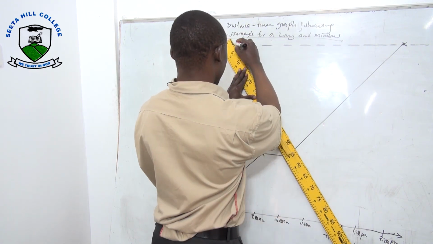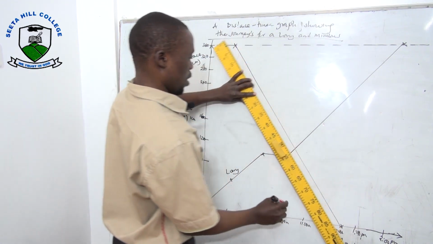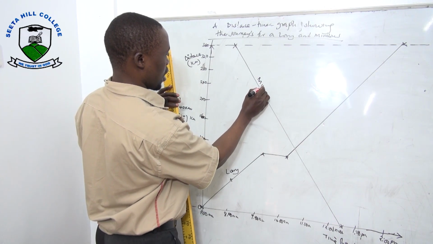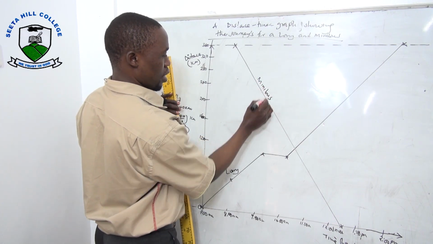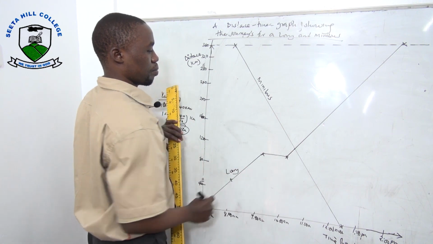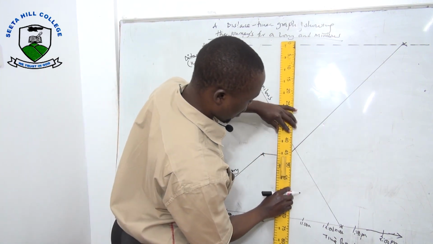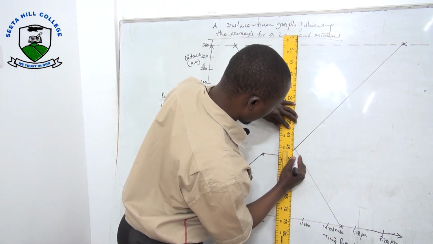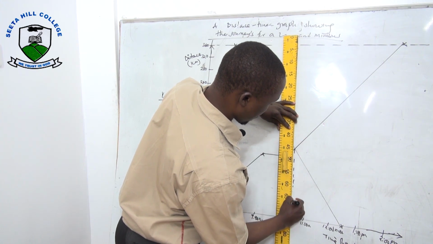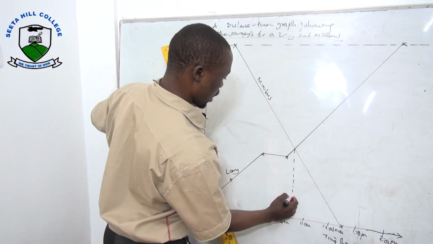That means this is a minibus. They are meeting here. That means you can read the time when they met and the distance at which they met.